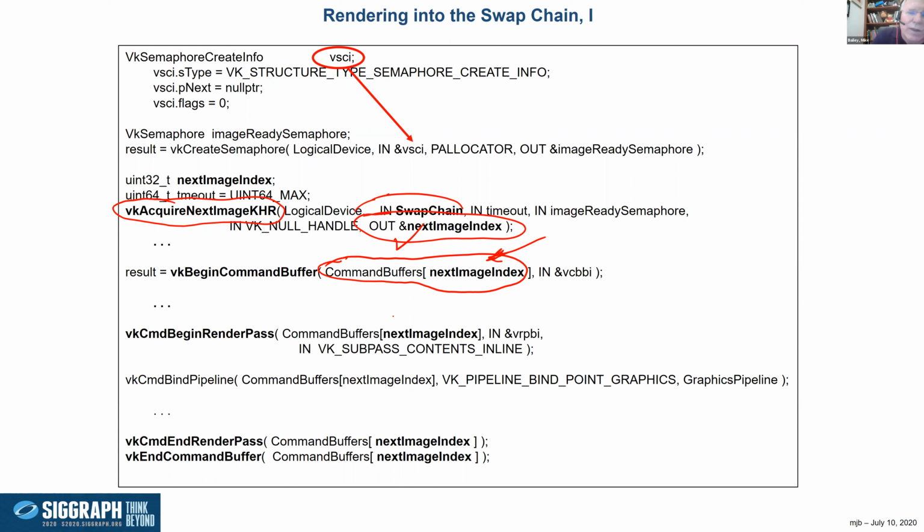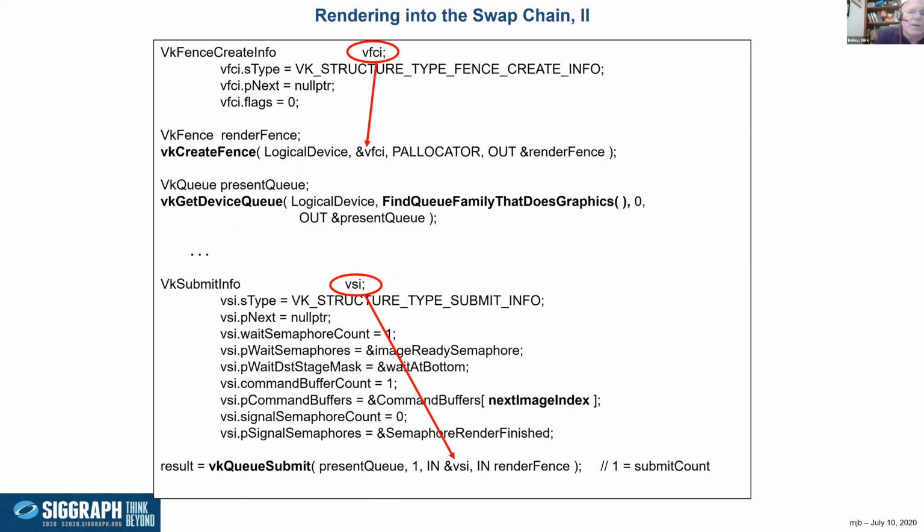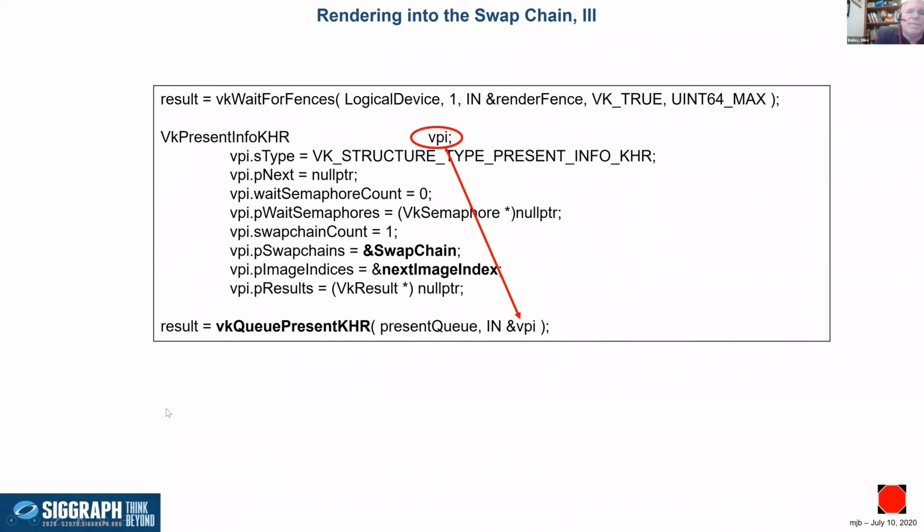I begin the render pass. I do all the VK commands to do the binding and the drawing. I end the render pass and I end the command buffer, and then I will submit that command buffer to the queue. And then I'll present it to the viewer.